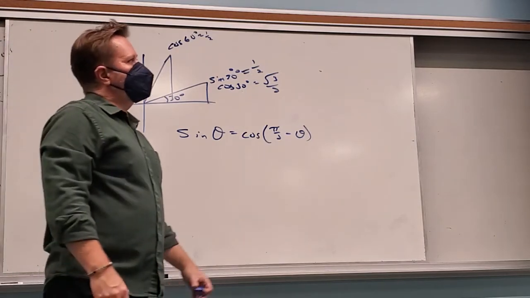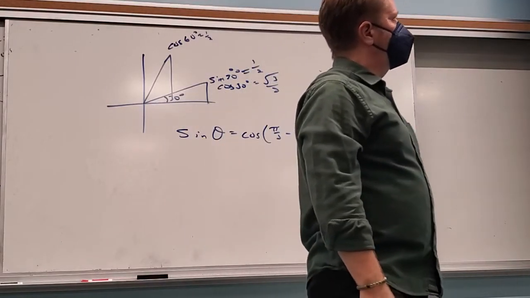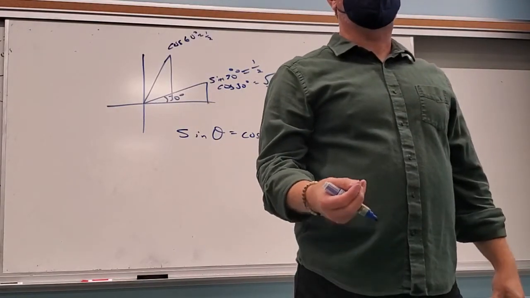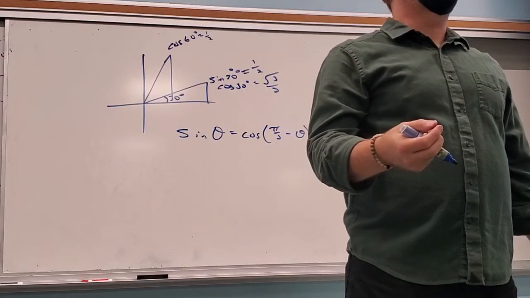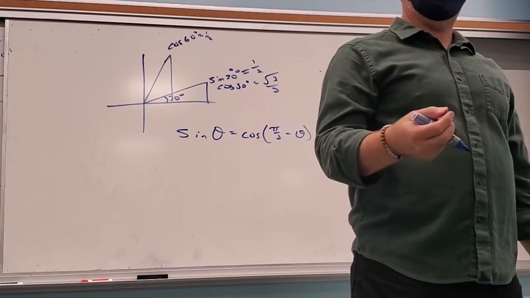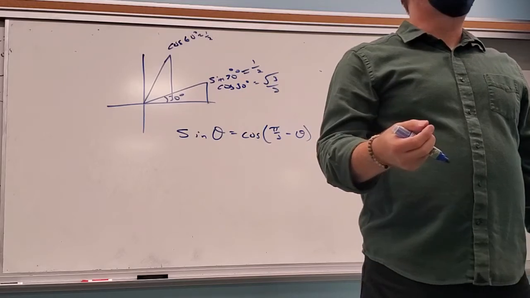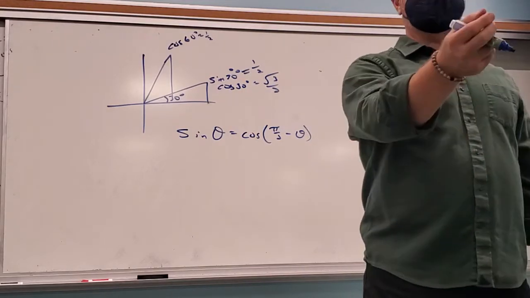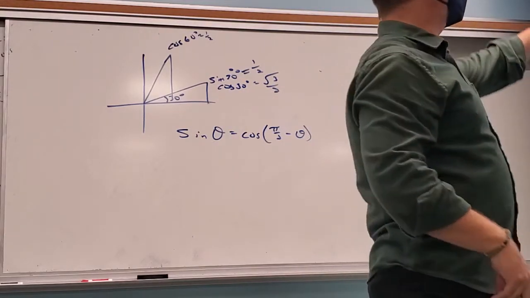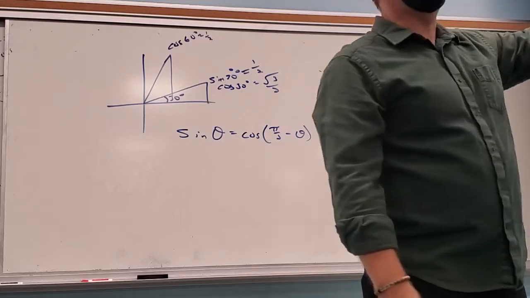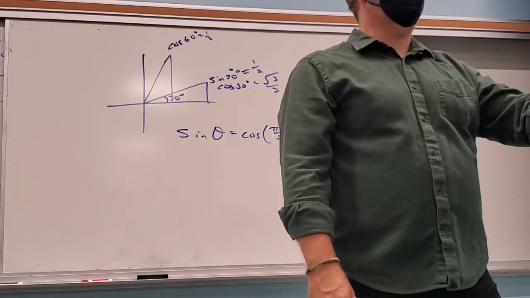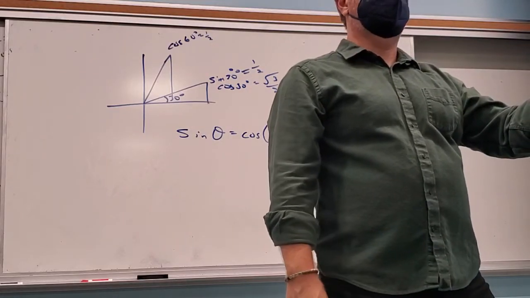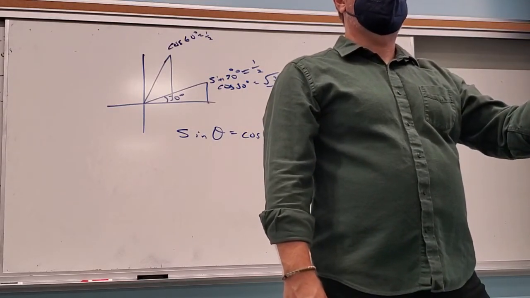So like cosine of pi over 3, well, you can think of it in terms of degrees if you need to, right? Pi over 3 is how many degrees? Yeah, pi is 180 degrees, divided by 3 is 60. That's cosine of 60, which would equal sine of 30.